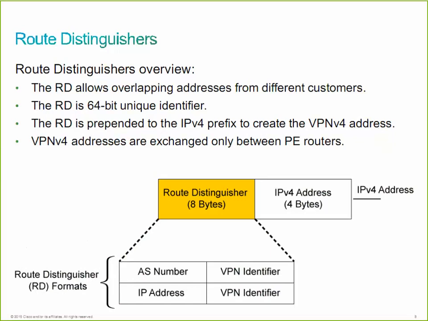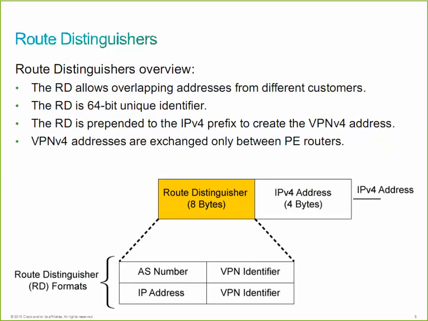Now, the basic idea behind a route distinguisher is pretty simple. Every single customer that the service provider is servicing gets a unique ID to distinguish between the prefix A or prefix B that comes from each customer, even if those prefixes are the same, right? 10/8 from customer A, 10/8 from customer B. Well, I got to be able to identify the difference between those.